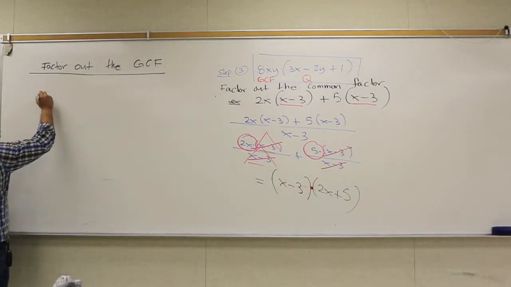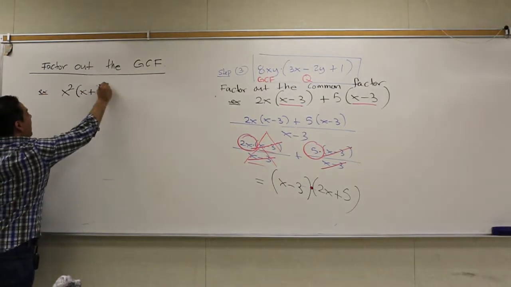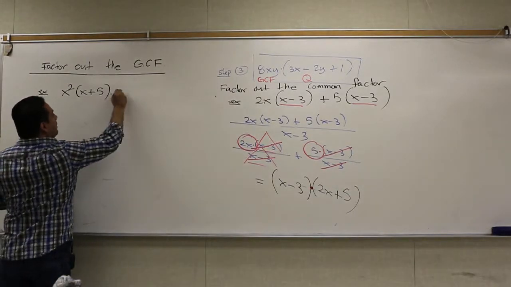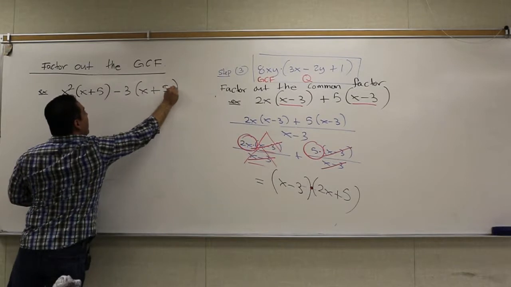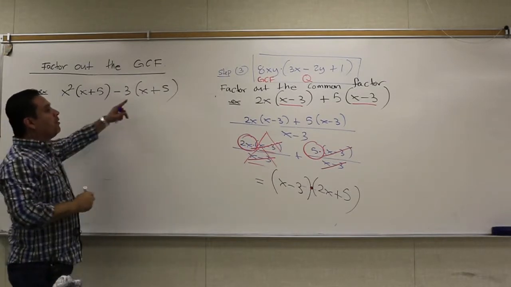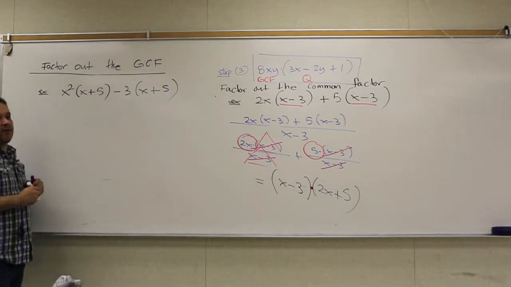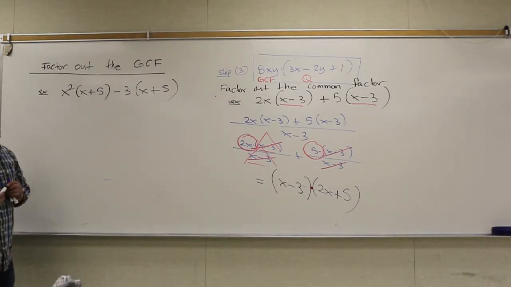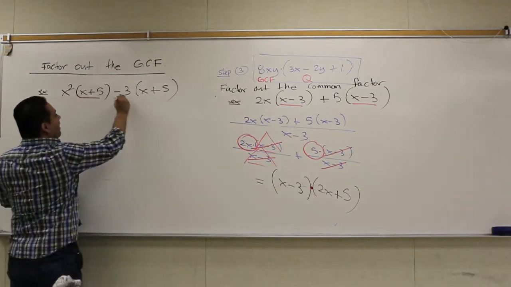But let's look at this example. What if they gave you x squared times x plus 5, minus 3 times x plus 5, and I have to factor out my common factor? What's common again? Good. X plus 5 is common.